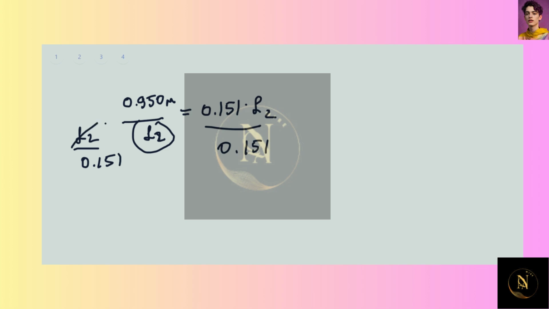And so L2s cancel here, and the 0.151s cancel on the right. And so we have one last problem to do on the left to figure out what L2 is. 0.950 divided by 0.151 is going to be equal to 6.29 meters.